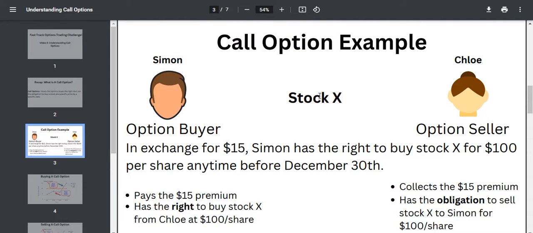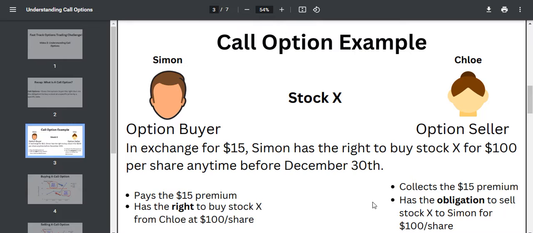They're both betting on stock X. Simon's betting that stock X is going to go up, and Chloe's betting that stock X is going to fall. So in exchange for $15, Simon has the right to buy stock X for $100 per share at any time before December 30th. In order to have this right, he pays a $15 premium to Chloe for taking out the call option, but that gives him the right to buy stock X from Chloe at $100 per share.